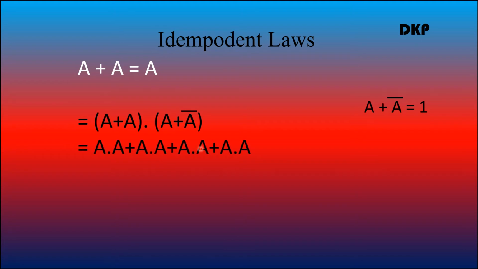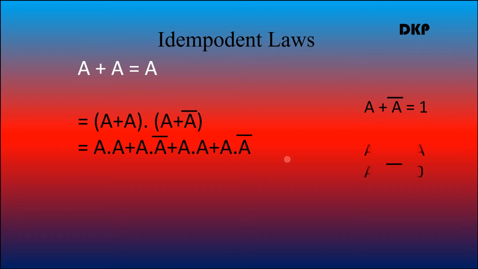This is equal to, now we have to multiply this a plus a with a plus a bar. So that you will get a into a, that is written here, plus this first term a into the second term here, a into a bar, plus this a into a, that is a into a plus a into a bar. What is a into a bar?